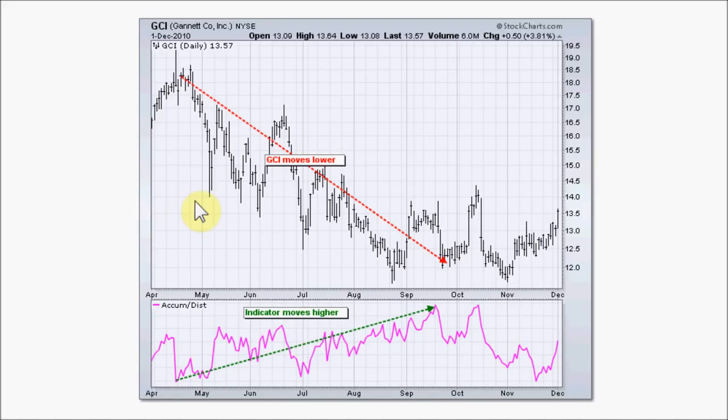So sometimes there is a disconnect between prices and the indicator, like shown in this chart. GCI was in a serious downtrend, while the AD line was in a pretty serious uptrend. So sometimes the AD line simply does not work.